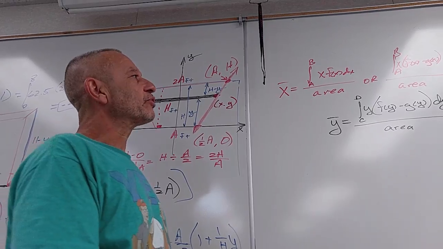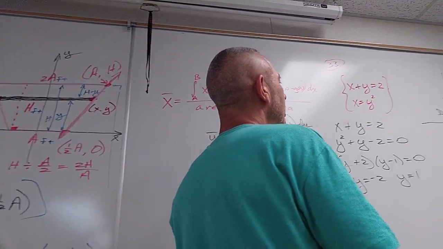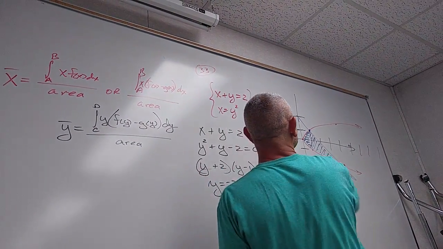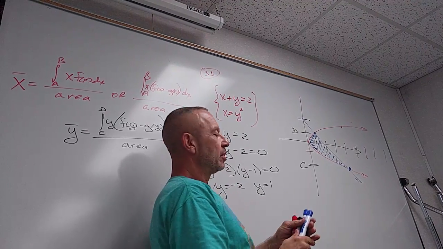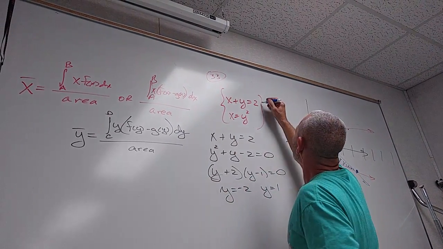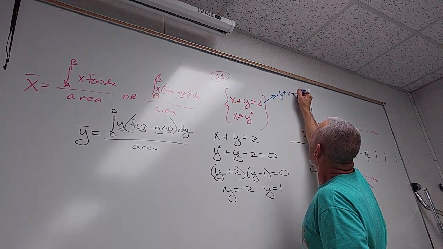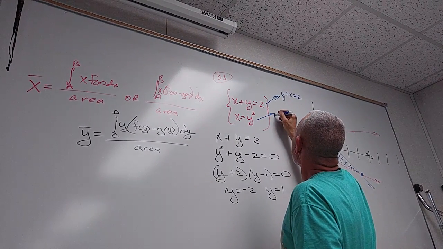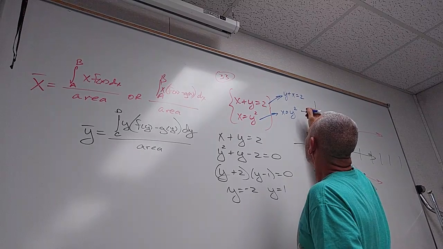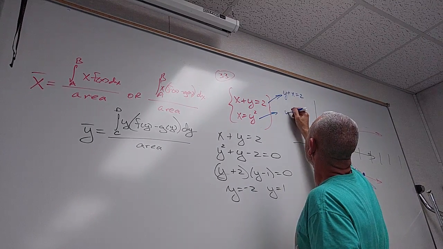I mean, think about it this way. How about if instead of finding the centroid of that region, what if I were to interchange x and y there, and interchange x and y here? Oh, that's the same thing.